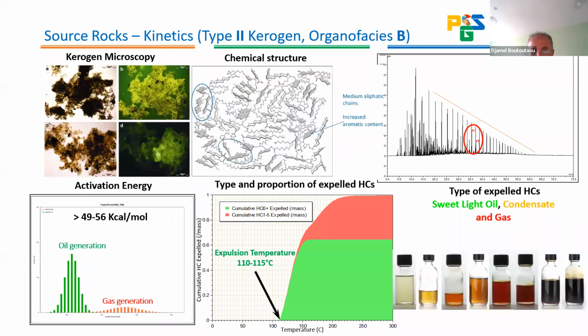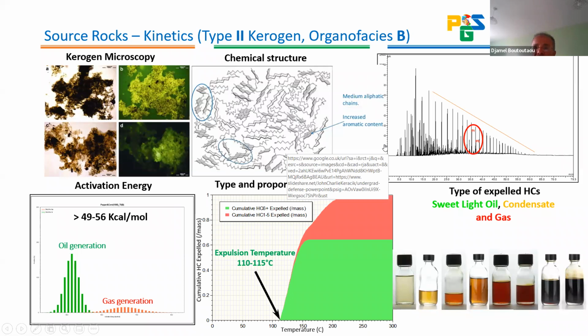Type 2 is the equivalent of, for example, the Cambrian clay source rock or any clastic mud source rock, like the Madbi Formation, which is Jurassic in Yemen, and the hot shale Silurian in North Africa and the Middle East. All these are classified as type 2 source rocks, and they are actually quite sweet. They have only a tiny amount of sulfur in them.